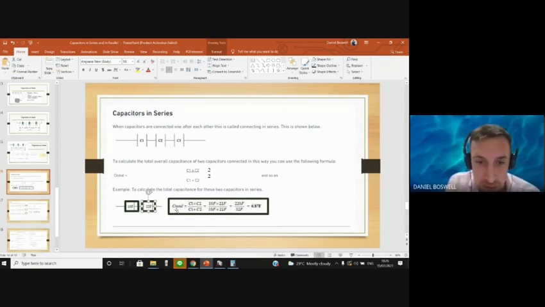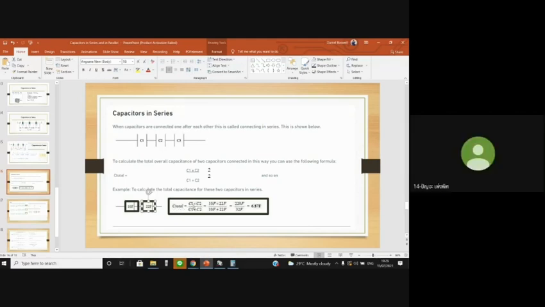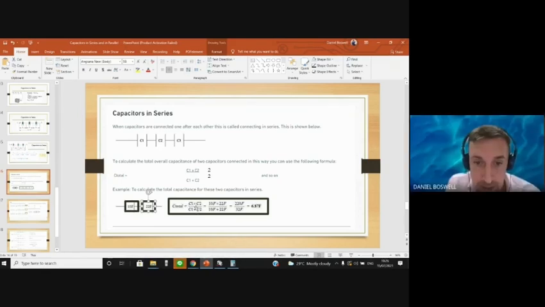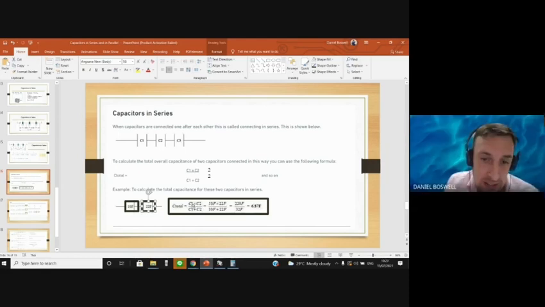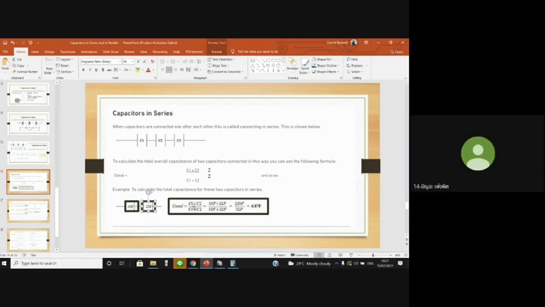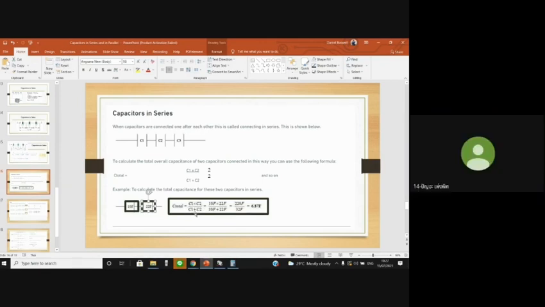C total equals C1 times C2. The straight line means divide, yeah? Divided by C1 plus C2. Good job.